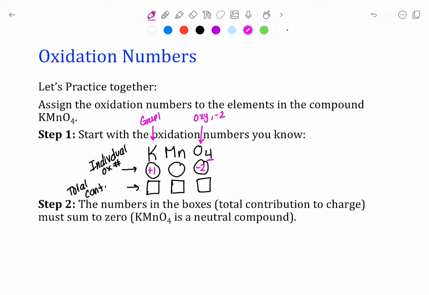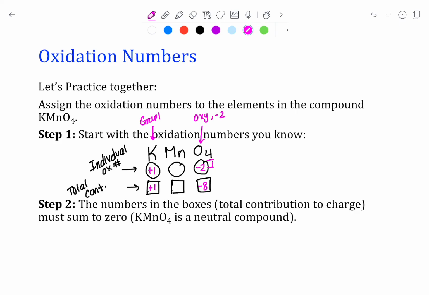So the total contribution of oxygen to the entire molecule is going to be 2 times 4, so we would get a total contribution of -8. Potassium, there's only 1, so its total contribution is +1.